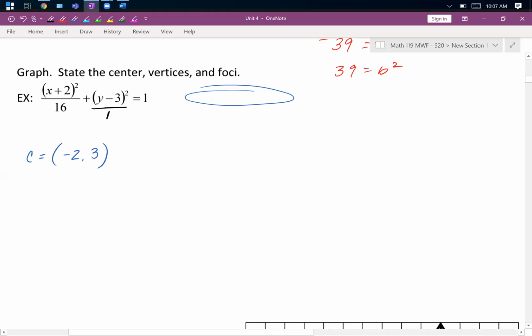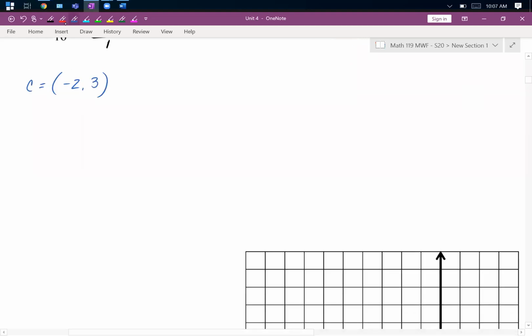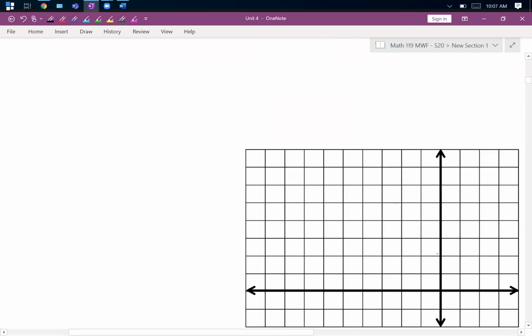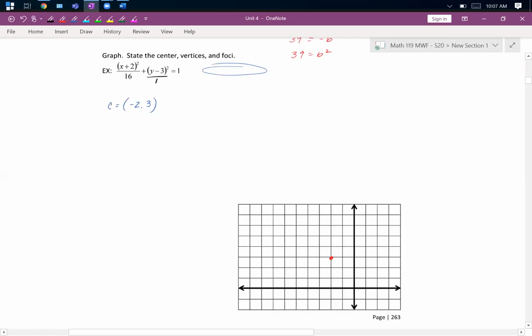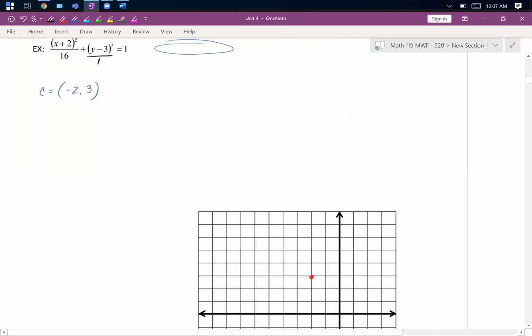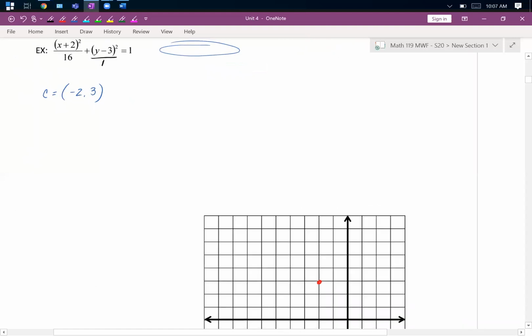So I'm going to plot my center. And now we'll get our 4 points around the center. We're going to use the square root of the numbers underneath x and y to figure out how to make our 4 points. So the square root of 16 is 4 from our center.